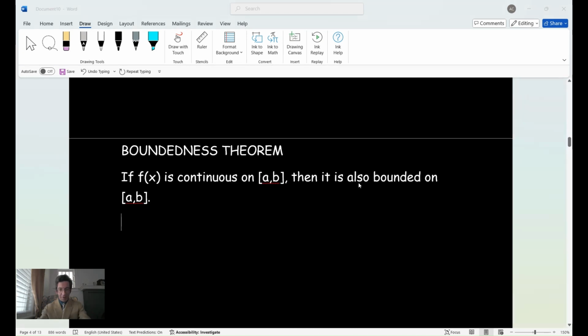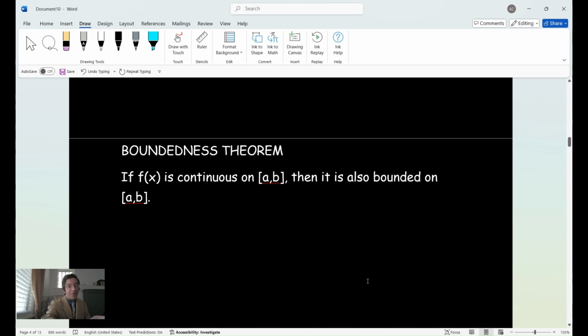Now we have to discuss the next one, which is the boundedness theorem. And really what it says is that if you suppose f is continuous, we have a closed interval here, then we have to think that there exists some value, let's just call it m.